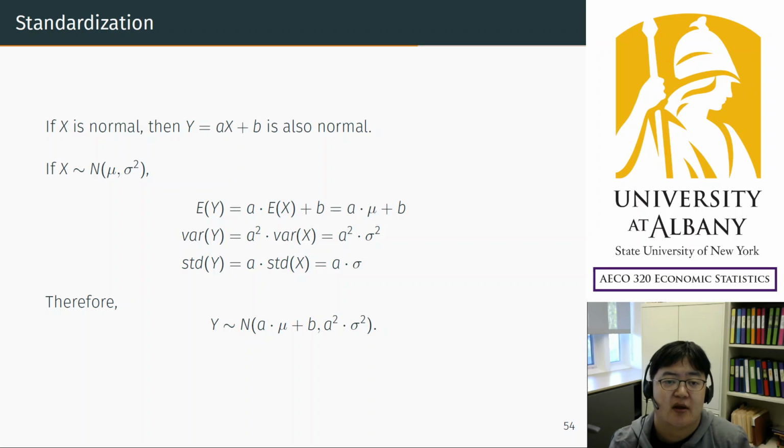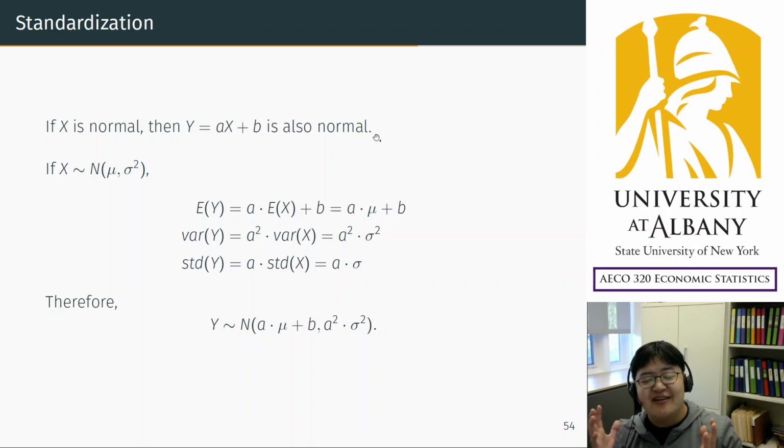So then let's think, there is an additional mathematical result that's very useful. I'm not going to prove this, but if the original random variable was a normal distribution, then any linear transformation of the original random variable is also a normal distribution.